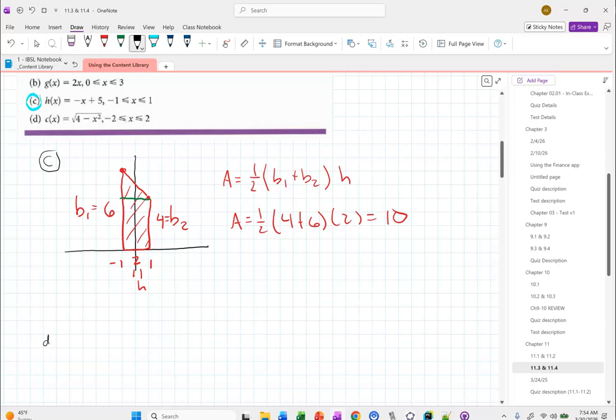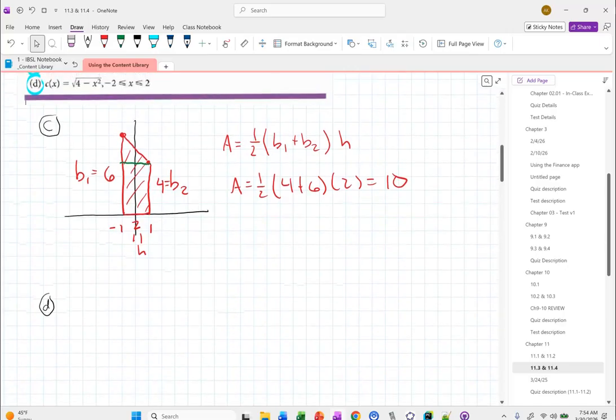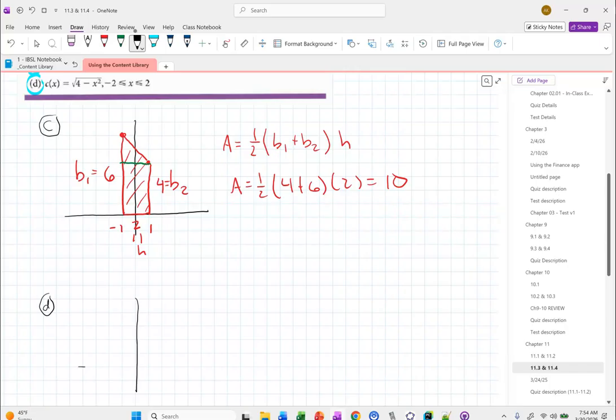Let's look at D here. Now, everybody hopefully had no problem noticing what the graph of h of x was going to look like, right? It's just a straight line. What is the shape of the graph for c of x going to look like there? Nobody knows?